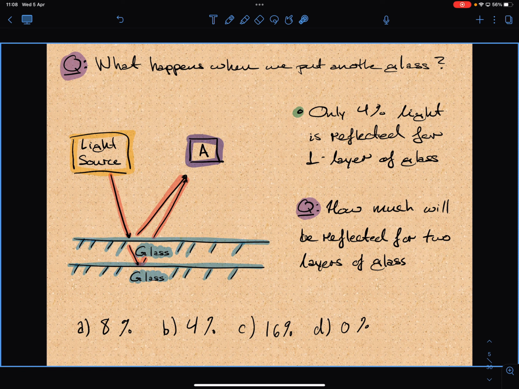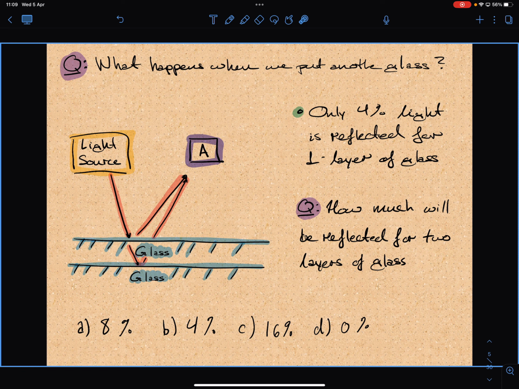Remember that for one layer of glass, we have 4% reflection. If we put two, how much will be reflected for two layers of glass? This is a question for you to think about. I'll give you a few minutes to think about it. I've given some multiple choice: 8%, 4%, 16%, 0%.